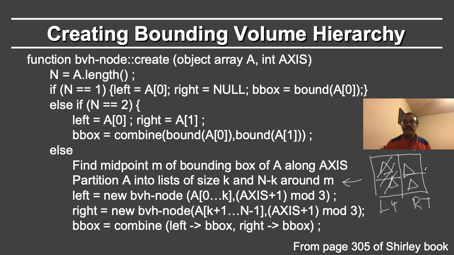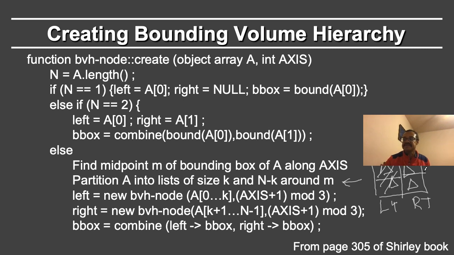If you have the bounding boxes for the left and the right branch, then the bounding box for the whole region will simply be given by the combination of the left and right bounding boxes. Because you are doing axis plus 1 mod 3, you also have splits which are evenly distributed along the x, y, and z axes.